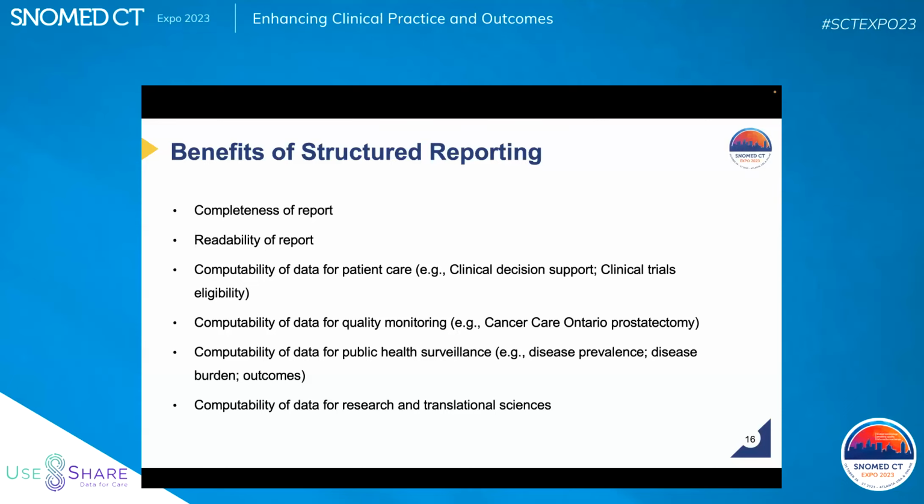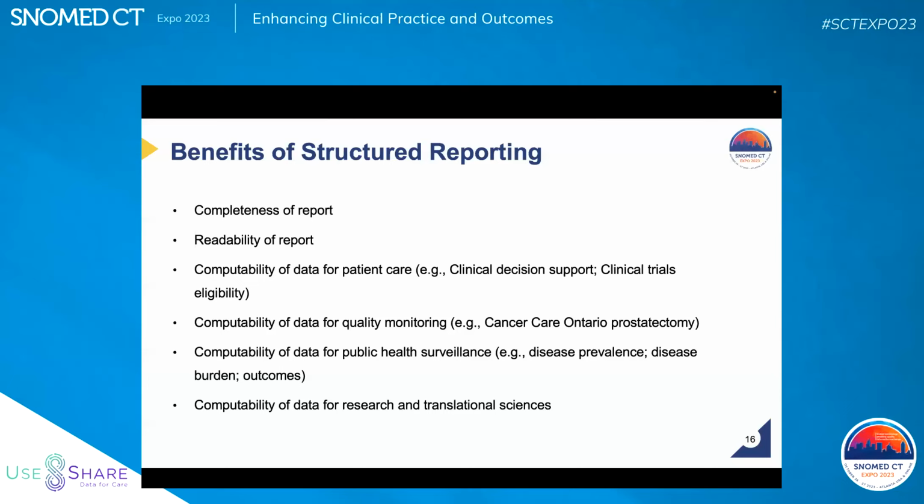And on computability, Cancer Care Ontario showed that just the fact that we could compute against this, even without an international standard, they could identify areas in hospitals throughout provinces where, for example, radical prostatectomies were being overperformed, at a rate above a typical norm.